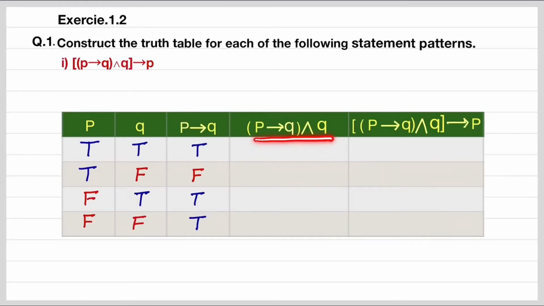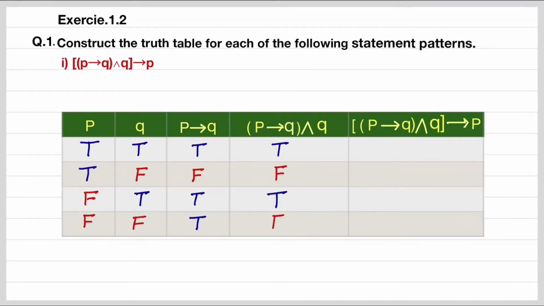Next is conjunction of these 2 statements, and conjunction is true when both the statements are true, otherwise it is false. See where the 2 statements are true, at first and third place. These 2 entries are true and all other entries are false.